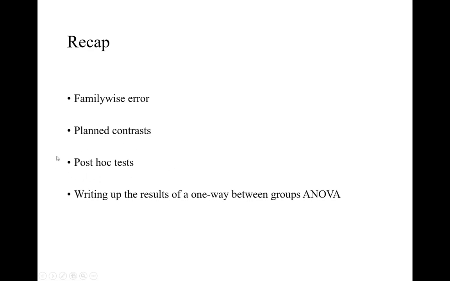It's about having a nice go-to list of which one you're going to run in certain circumstances, depending on the conditions of your data. And then we've further developed our writing up of the output of our entire one-way between groups ANOVA, from the descriptives to the assumption testing to the F statistic itself to the follow-up tests.